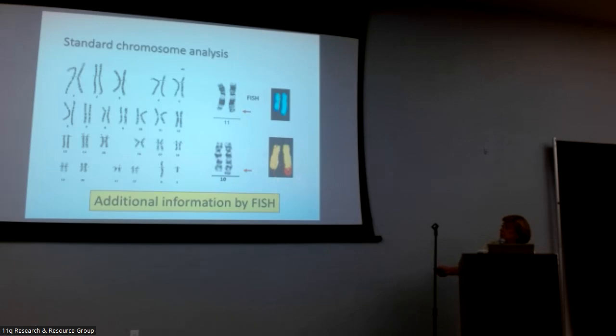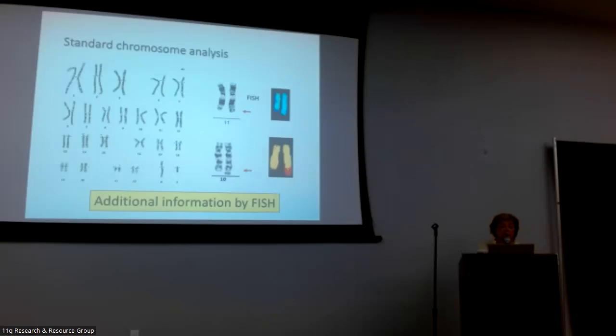The rest does not belong to chromosome 10. So using chromosome painting, where the painting is made using the DNA of the chromosome you are studying, you can see if it's a duplication within chromosome 11 or a piece of 11 attached onto another chromosome.